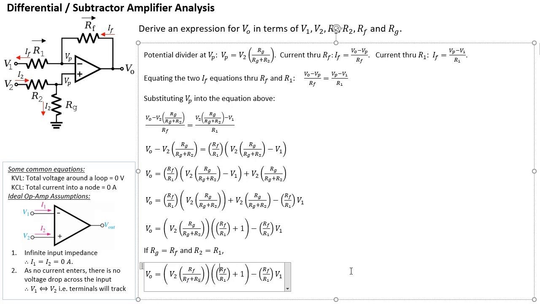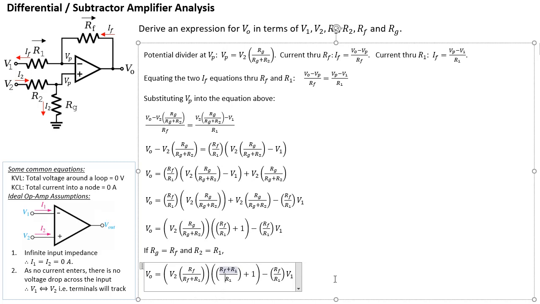Now, this term here, RF over R1 plus 1: if I make R1 a common denominator between these two terms, what I'll get at the top will be RF plus R1. The reason I'm doing this is you'll notice that we can actually cancel certain terms out.